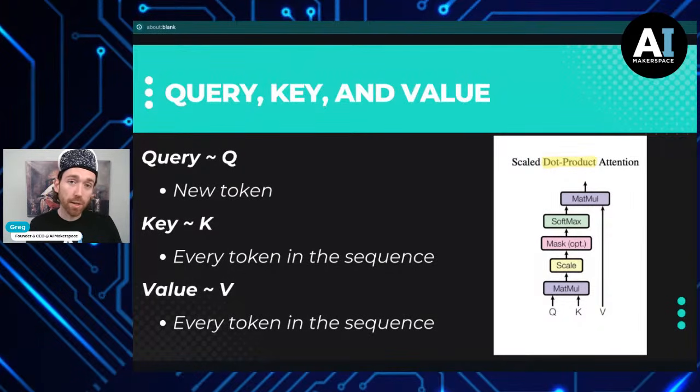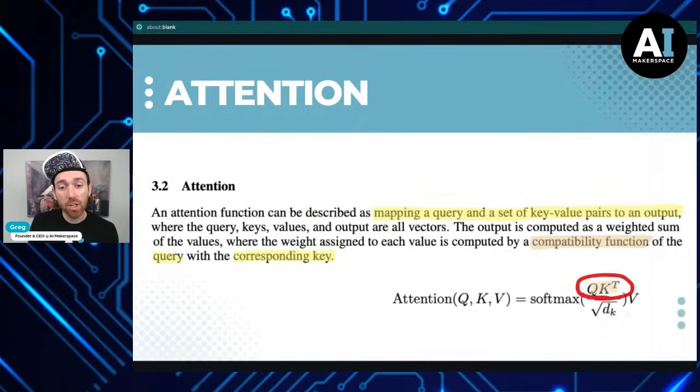So when we have our query of our new token, we have our key, which is every token in the sequence, our value, which is also every token in the sequence. Not entirely dissimilar to our RAG analogy, where the key was sort of the docs in the vector database to be scored for similarity. V is the documents scored for similarity. We can kind of remind ourselves as well that attention is all about this compatibility function.